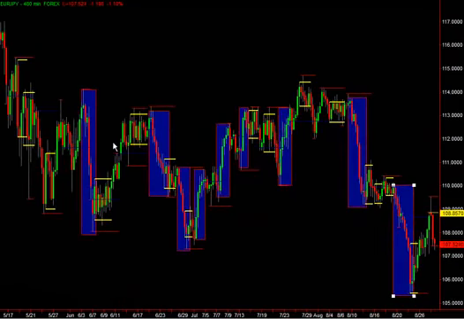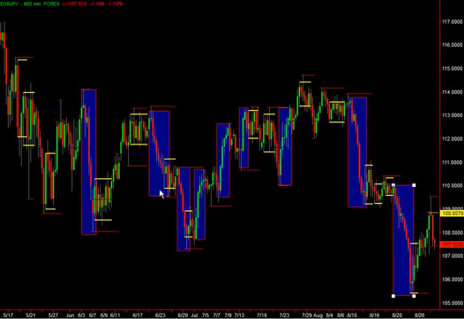So with that now done, what have I identified? Again, I've just marked probably some of the most obvious ones, but we've identified where the balance of power has changed. There's been a dramatic shift in buyers to sellers or sellers to buyers.